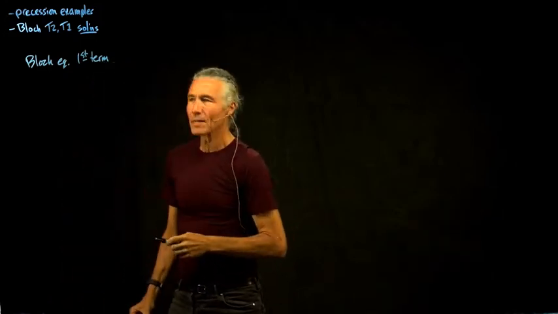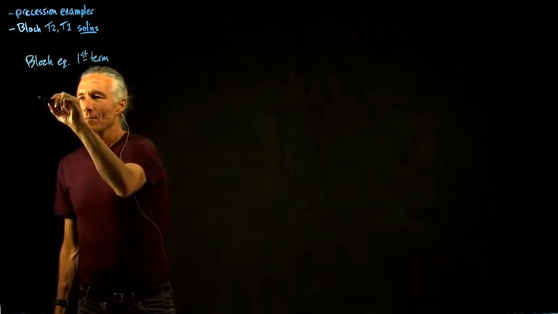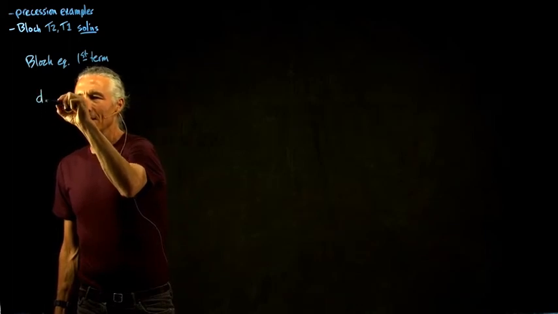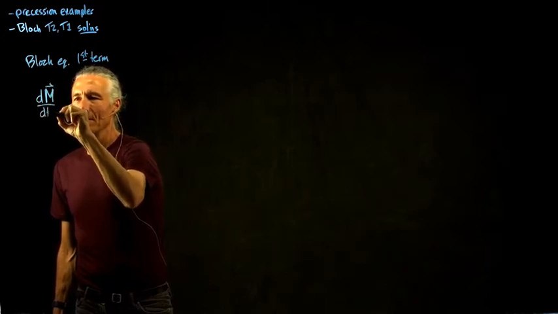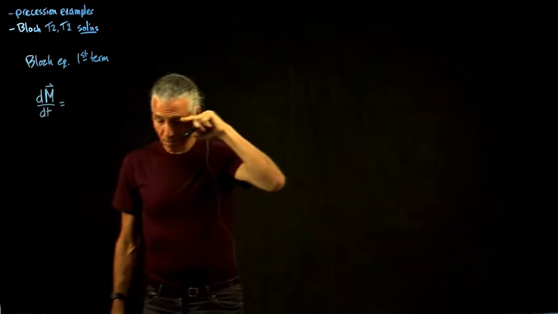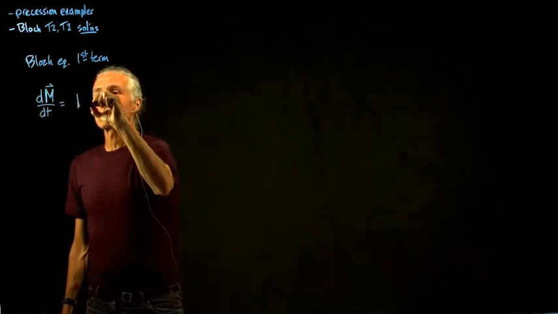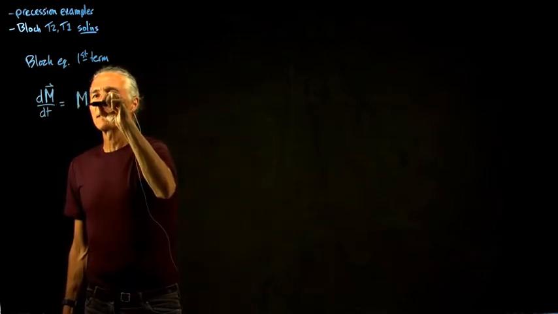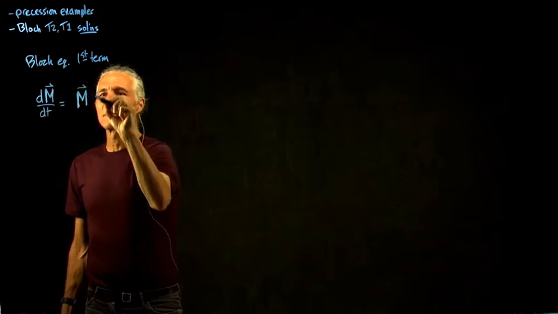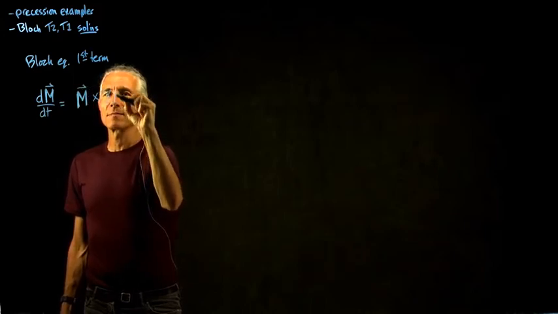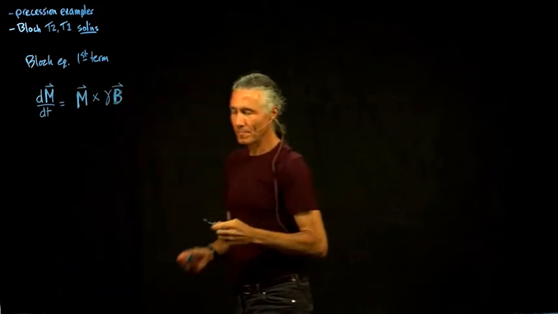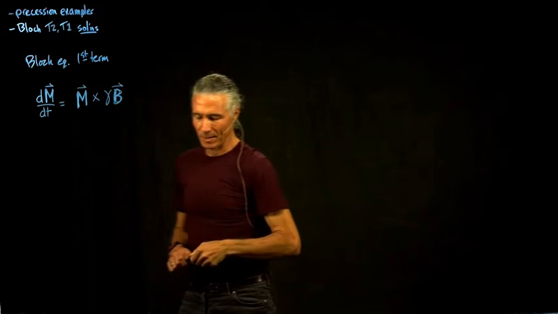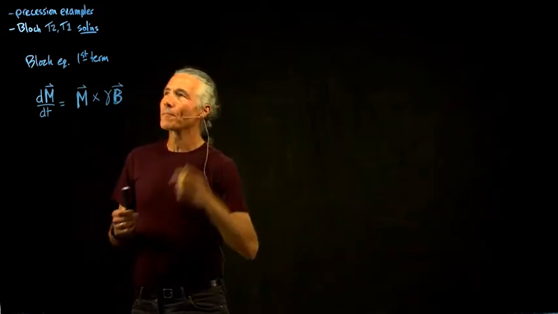The Bloch equation first term was the change, where d is for derivative, in the magnetization vector over a small period of time is equal to whatever the magnetization vector is at the current time, cross-producted with whatever the B vector is at the current time. So that was the first term of the Bloch equation.